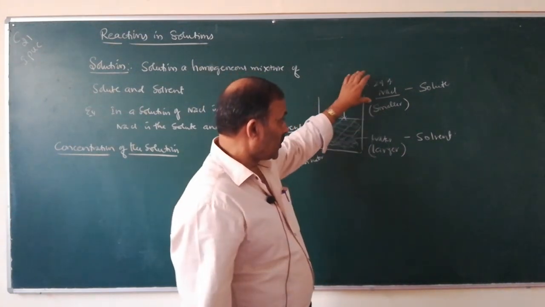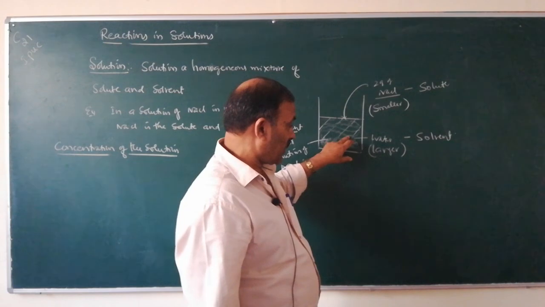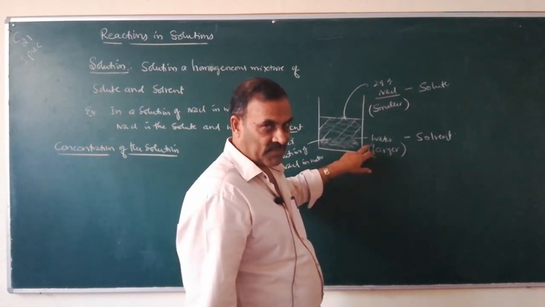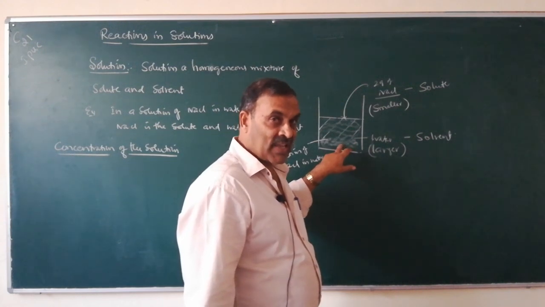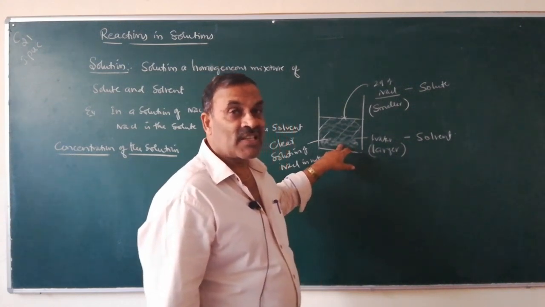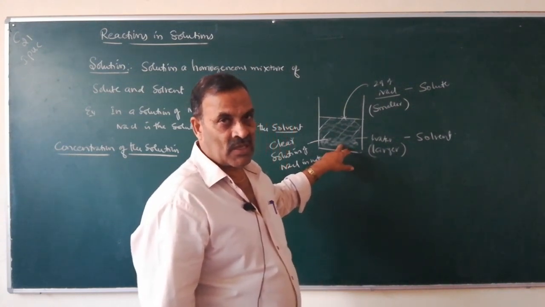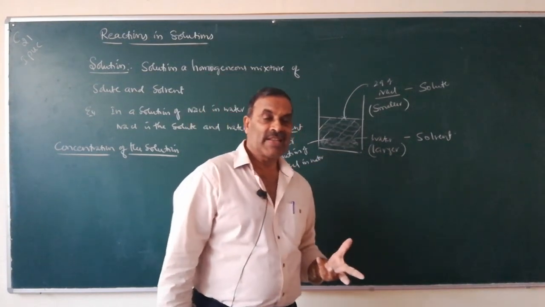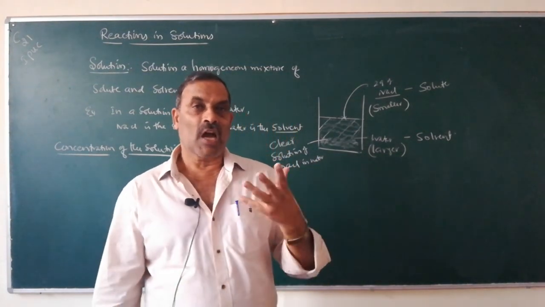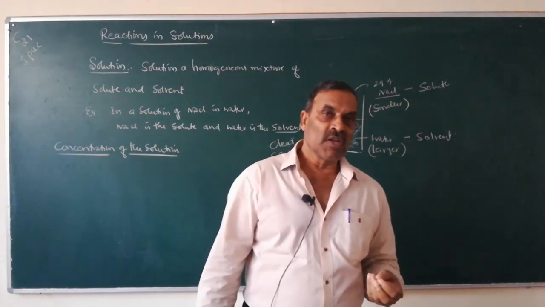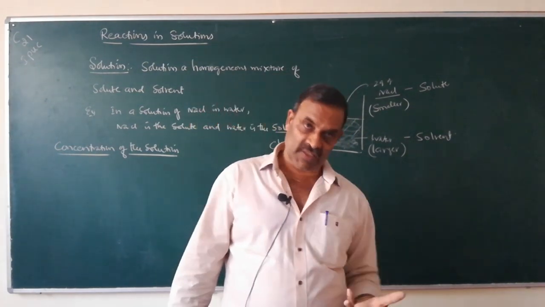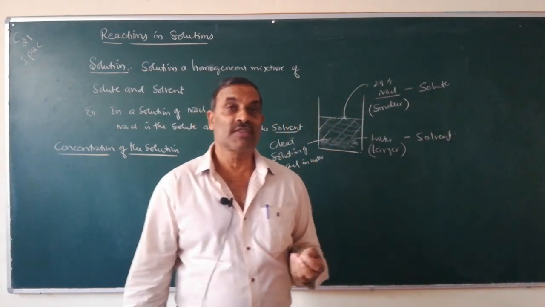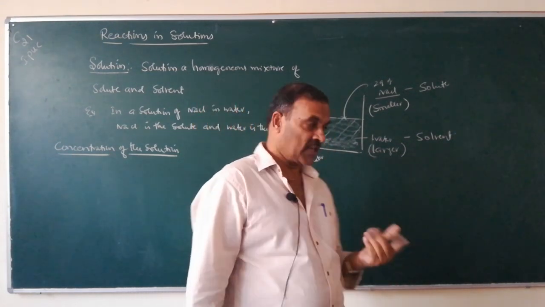The amount of solute in a given amount of solvent or in a given amount of solution is called the concentration of the solution. It is the measure of the amount of solute dissolved in a given amount of solvent or solution.